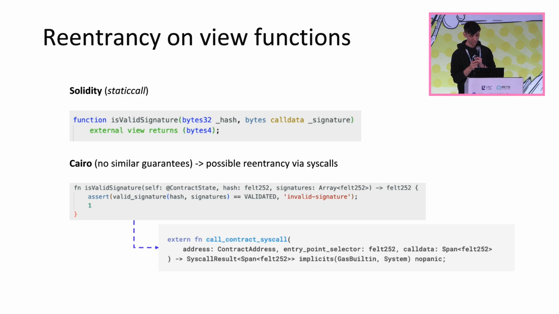So view functions don't guarantee no direct reentrancy, due to the fact that those low-level calls can be performed. Hence, developers should not assume that calling a view function on another contract cannot modify state. That's an assumption you have to keep in mind when integrating with smart contracts on StarkNet.